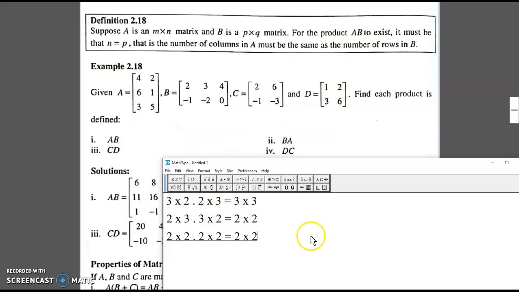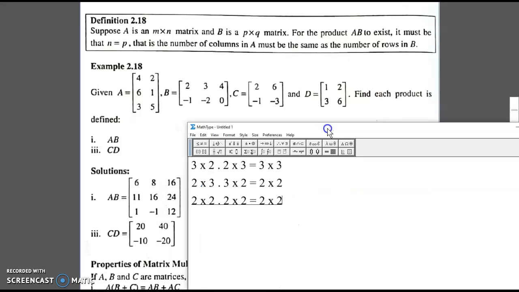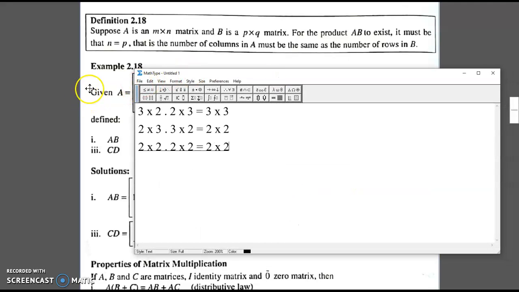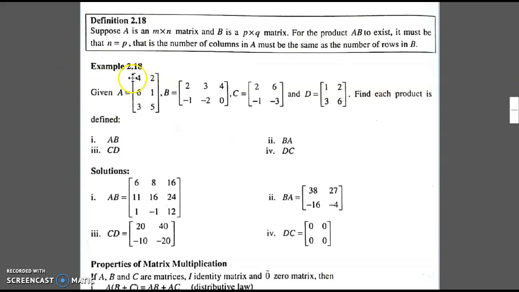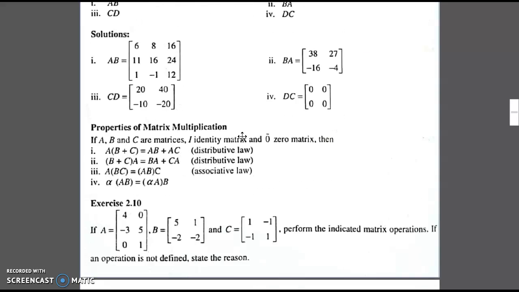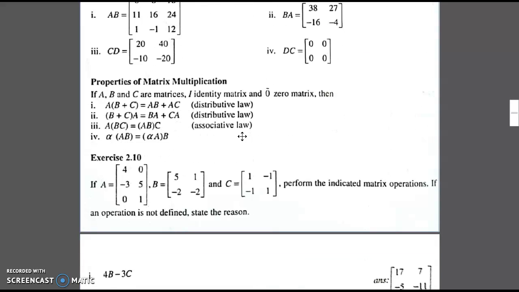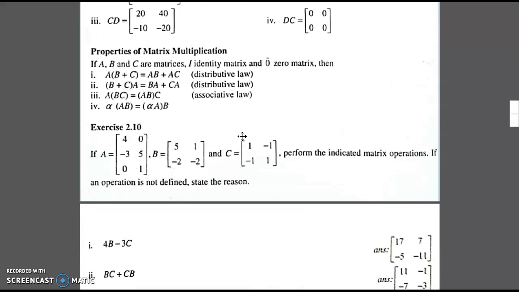This is just the other way around, so you should also get 2 by 2. So that is how you do matrix multiplication. You need to multiply each row with the same column and proceed the same way for the next columns. So these are the properties of matrix multiplication.